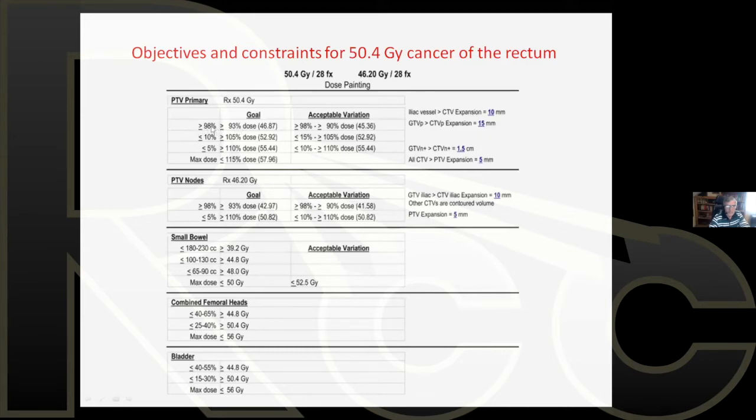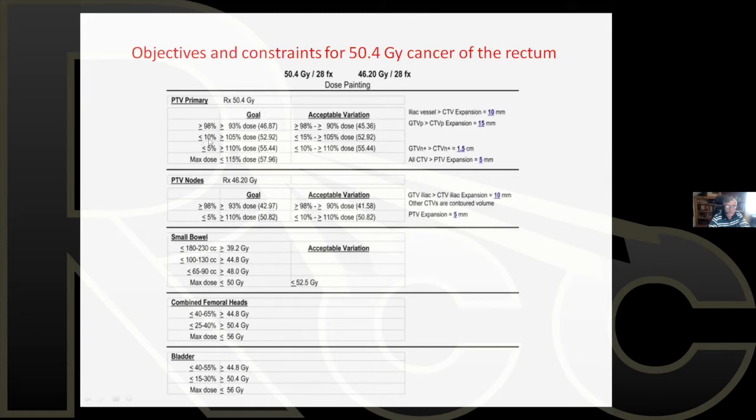At least 98% of the rectum should get 93% of the dose. And then we have an acceptable variation. We'll accept 98% getting only 90% of the dose as a variation. That's not the primary goal. This would be more of a secondary goal. If you can't meet the first one, you certainly have to meet this one.